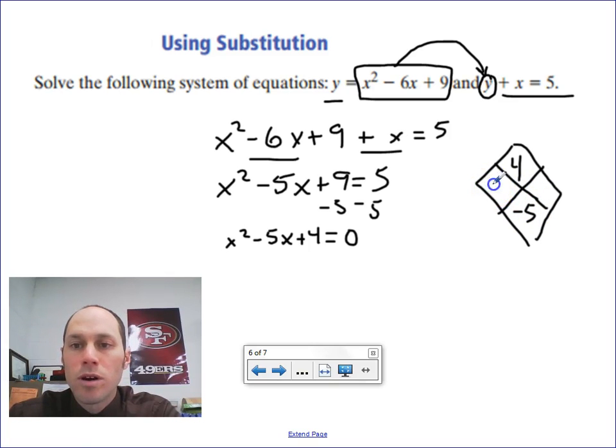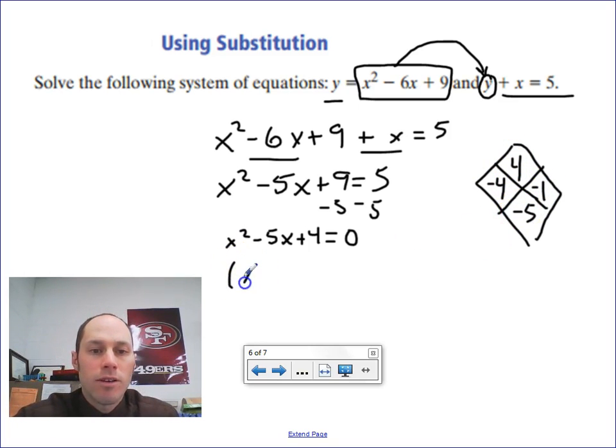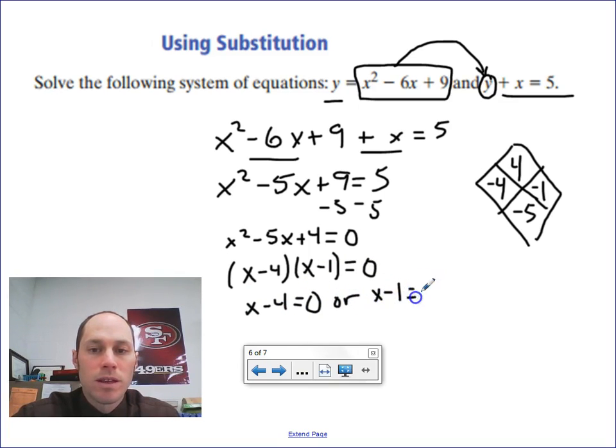So negative 4 times negative 1 gives me positive 4 and adds up to negative 5. So I'll have x minus 4 times the quantity x minus 1, and that equals 0. So I know x minus 4 equals 0, or x minus 1 equals 0.